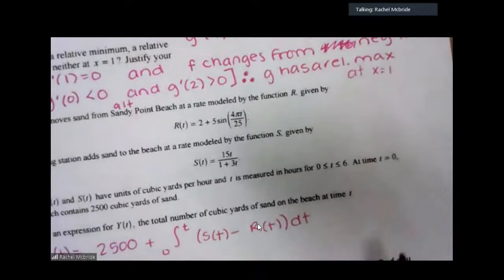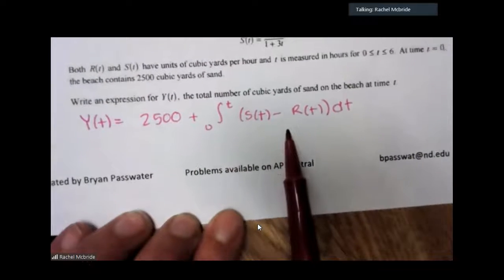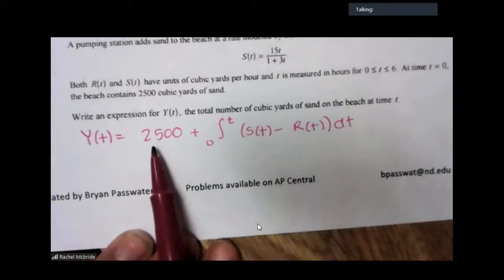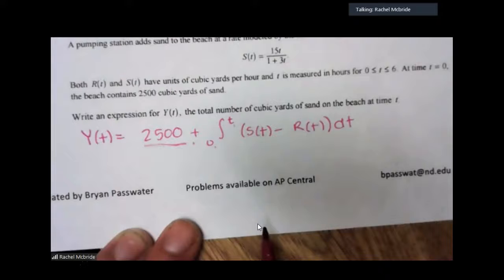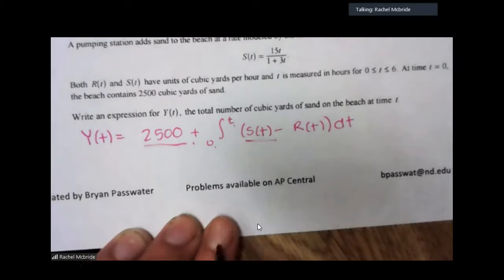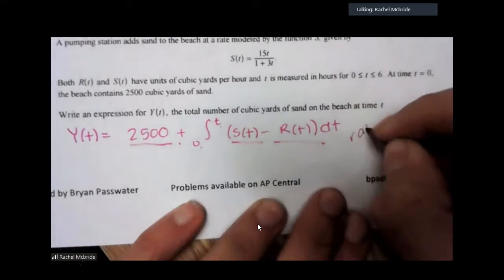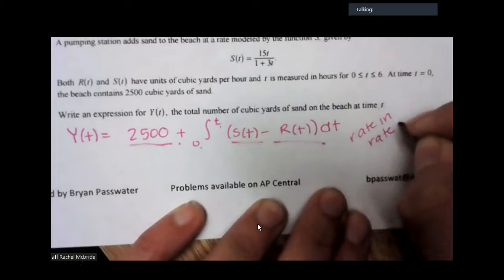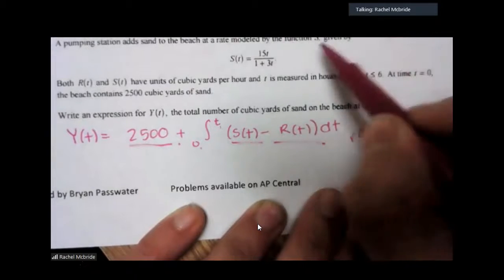And then down at the bottom, I feel like we actually looked at this question in the past. It was in our notes for 7.1, I believe. So hopefully we all got this one. Initial plus generic change in time. Amount going in, amount coming out. This is an example of a rate in, rate out, because you are given a rate to start.